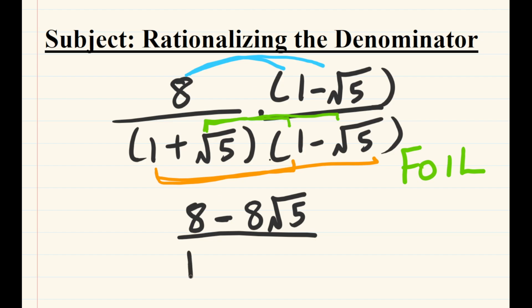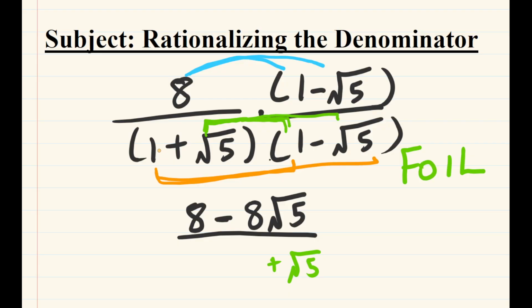1 times 1 is 1. And then 1 times negative radical 5 is negative radical 5. And now, radical 5 times 1 is positive radical 5. Let me just change the color of this so it's easier to follow.